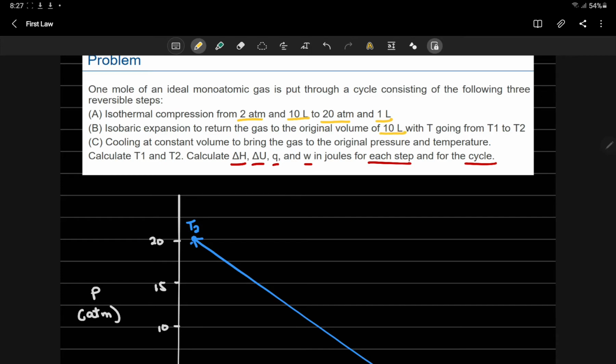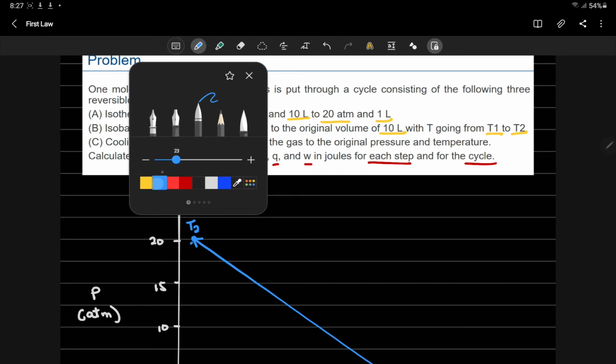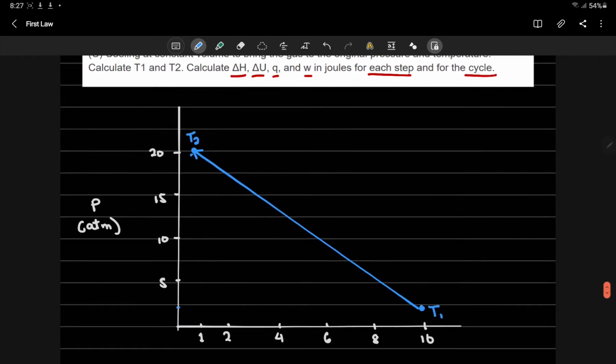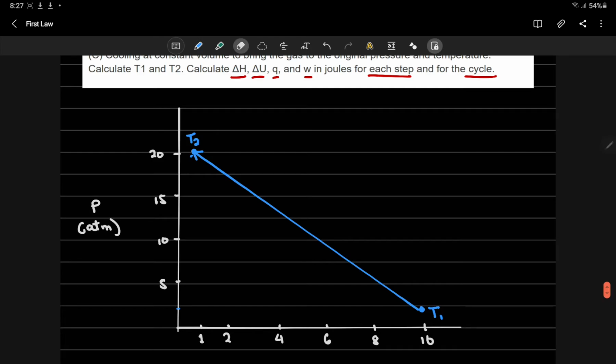So, the volume will be 10 liters again. But you will change the T. So, you will go from T1 to T2. So, let's illustrate that graphically. So, from T1 to T2, sorry, there's a mistake here. This should be T1 as well, right? Because the pressure-volume plot is an isotherm. So, the temperature is constant in this first step of the process.